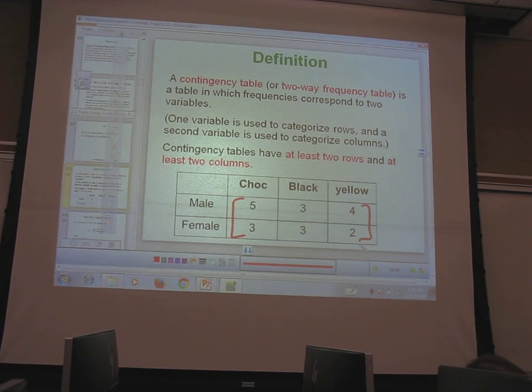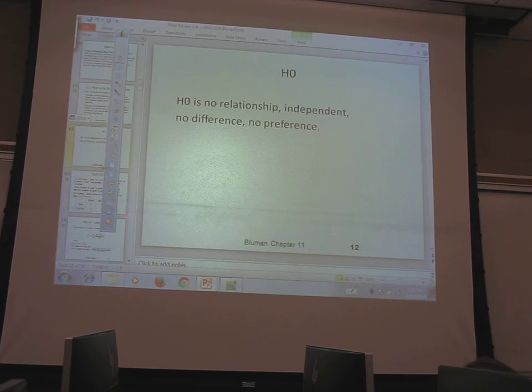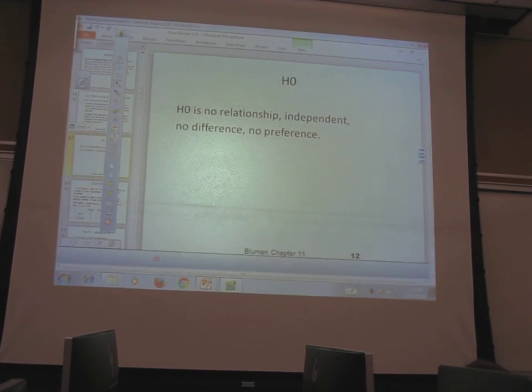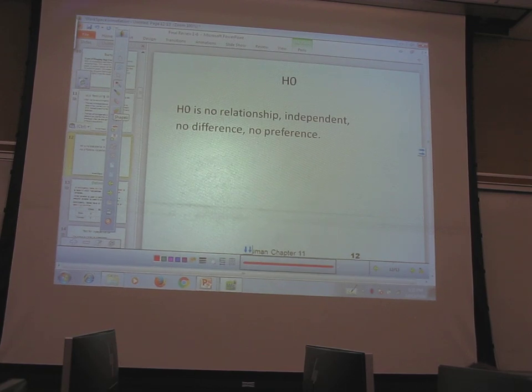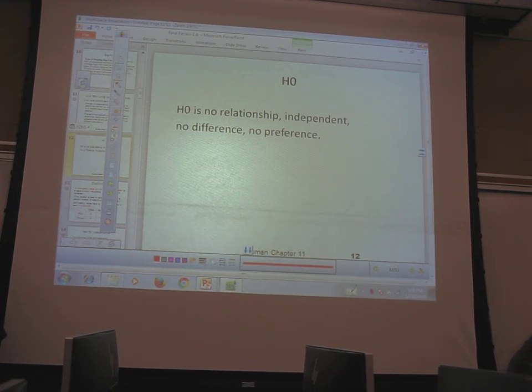The other thing about this one is the H naught has 4 possible things it could be. They're all no's though: no relationship, no difference, no preference. No relationship means independent, because either the variables are independent or the variables are dependent.